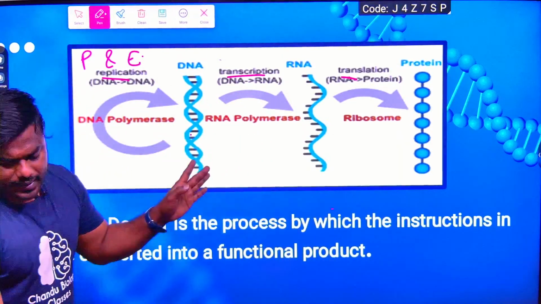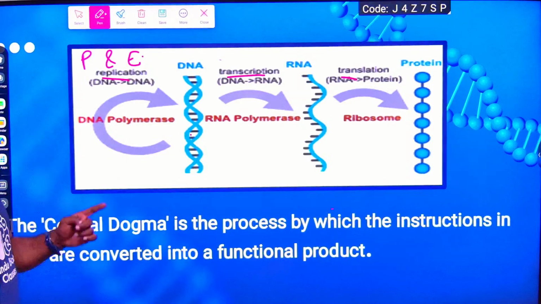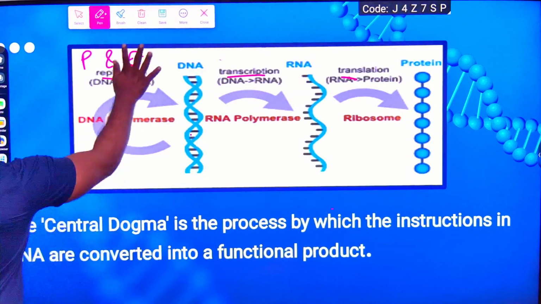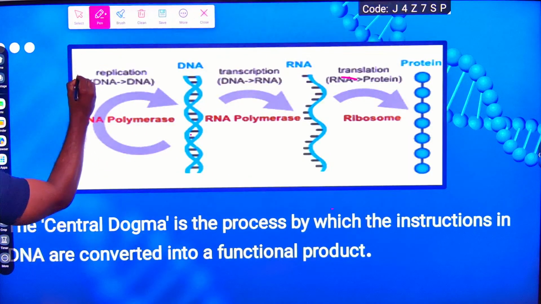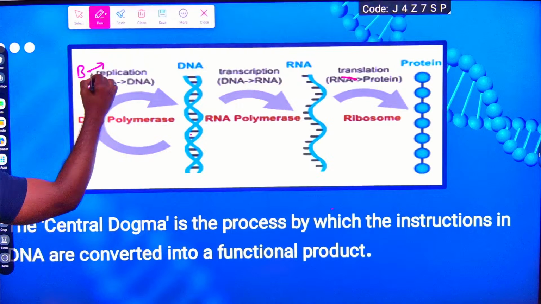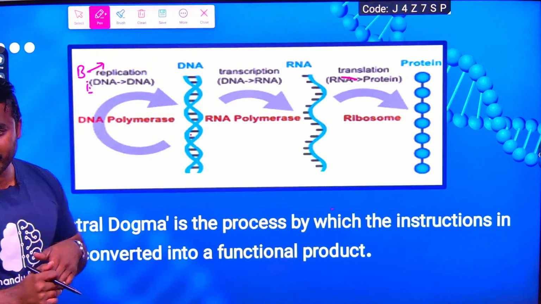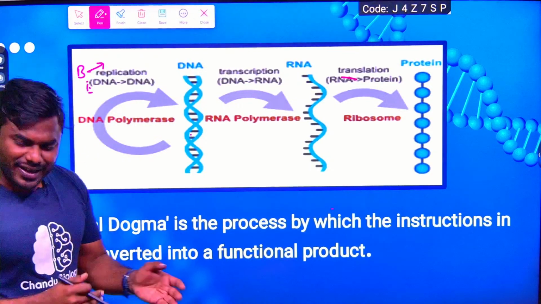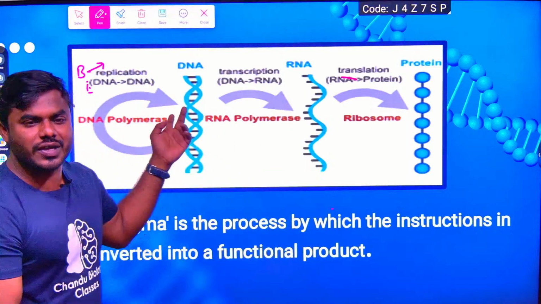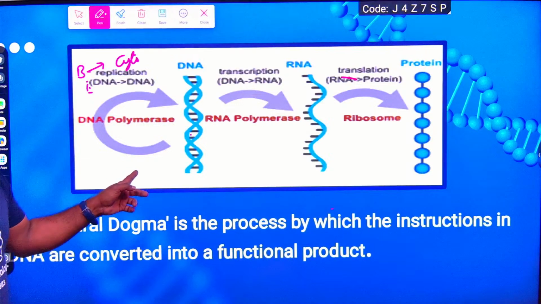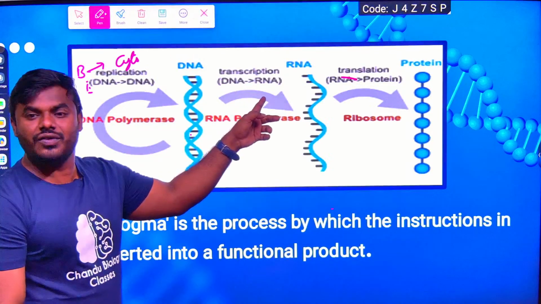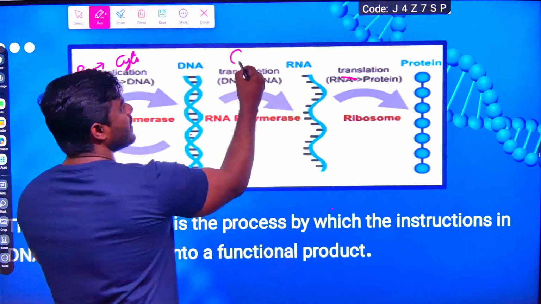Very, very important to know is the location. Tell me, Nihila, where will replication happen in a bacterium? Tell me, Sheetal, where will it happen, replication in bacteria? Does bacteria contain any organelle? No, right? Then obviously it is going to happen in the cytoplasm. Correct or not? Transcription in bacteria, obviously cytoplasm.